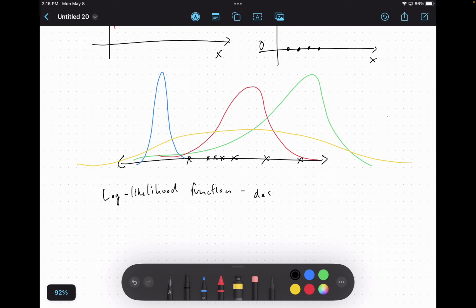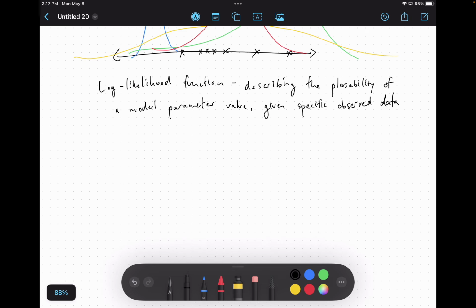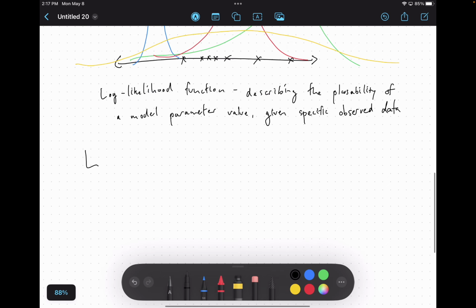This is describing the plausibility of a model parameter value given specific observed data. And that is going to look like this.